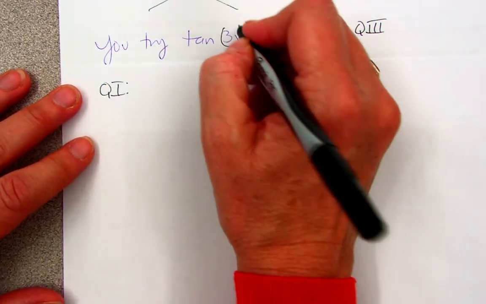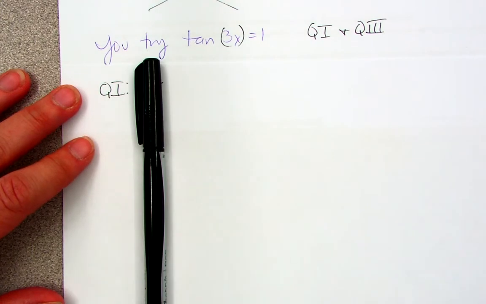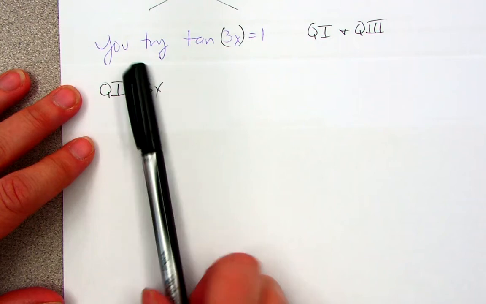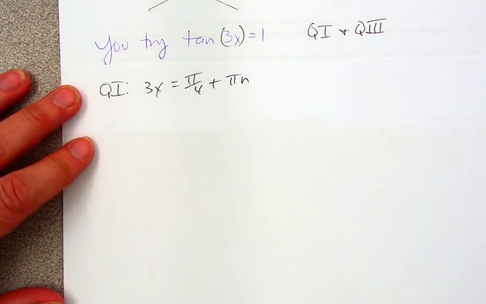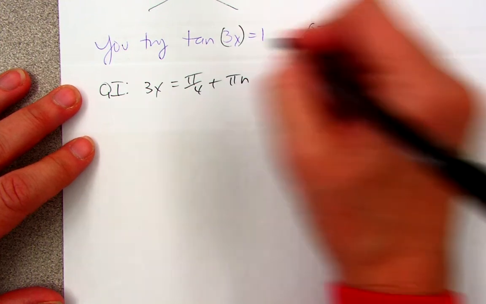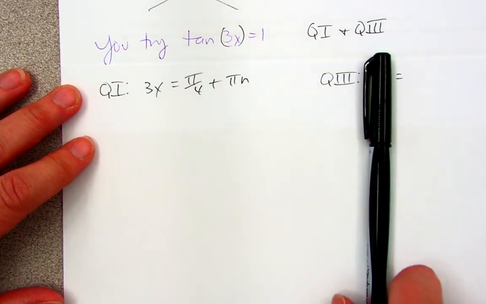Then I take this guy, whatever he looks like, I don't care what he looks like, and I answer my question. It has to be pi over 4. For quadrant 3, what would it be?